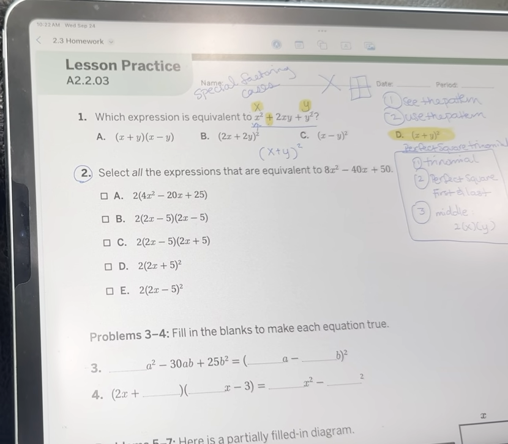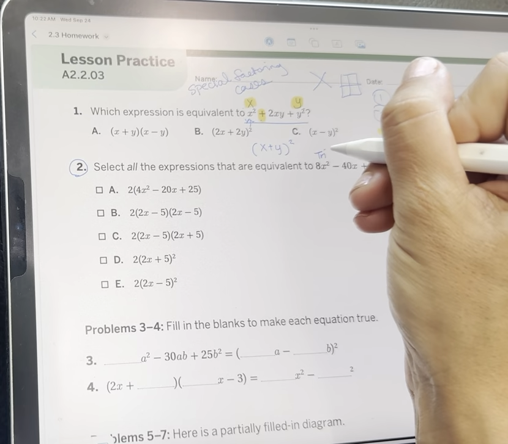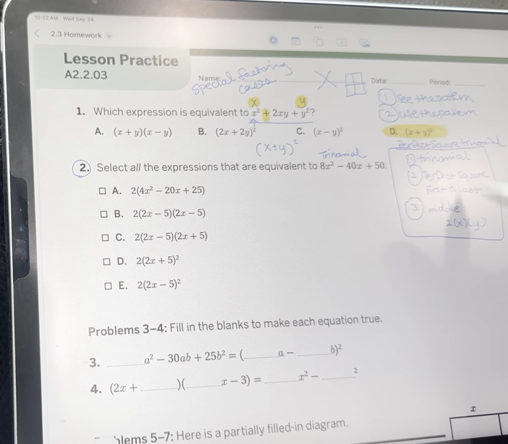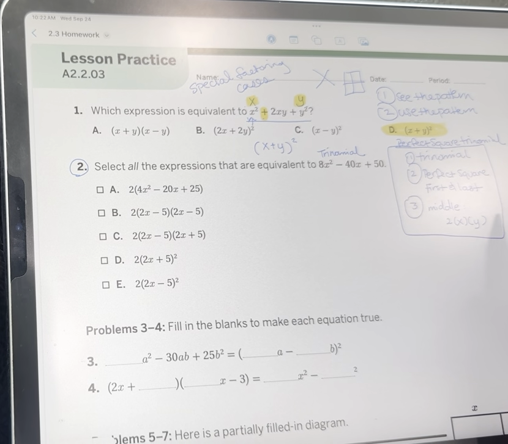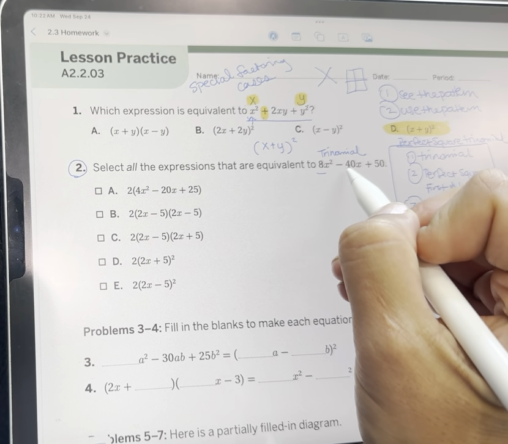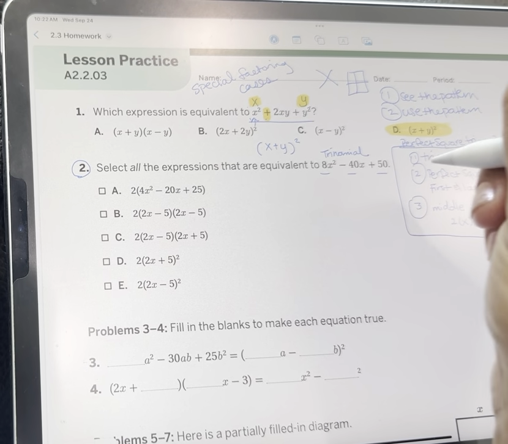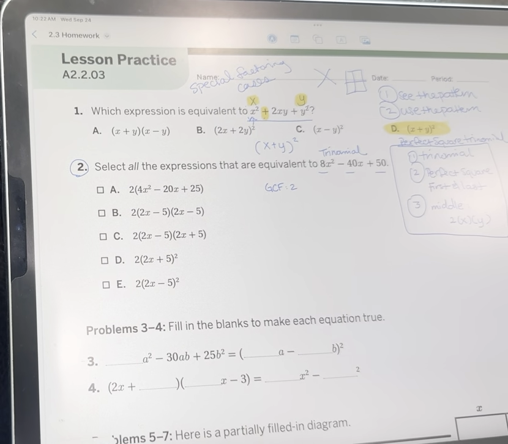Okay, so in number 2, we've got ourselves a trinomial. I wanna look at this pattern. Maybe I got this going on again. However, I first notice that 8, 40, and 50 all have a 2 in common. They have a GCF, and it's 2.